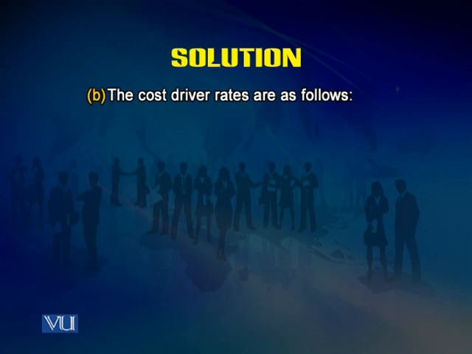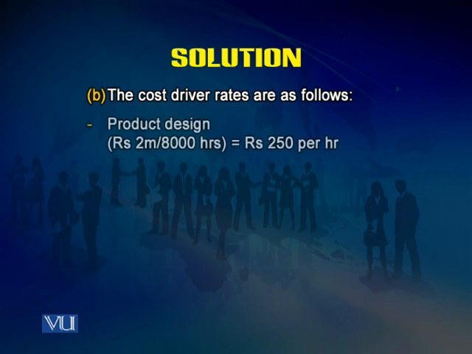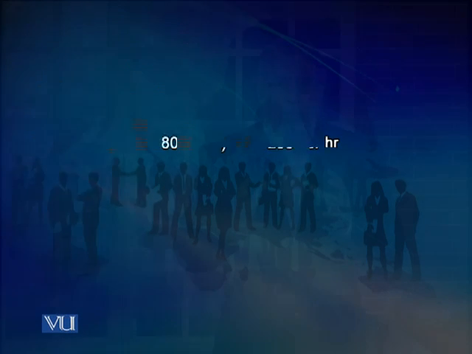The cost driver rates are as follows. Product design, the cost is 2 million. There are 8,000 hours. The cost is 250 per hour. In order to arrive at the unit cost of overheads for NPD, our new product, we are going to need the per unit cost of each activity.